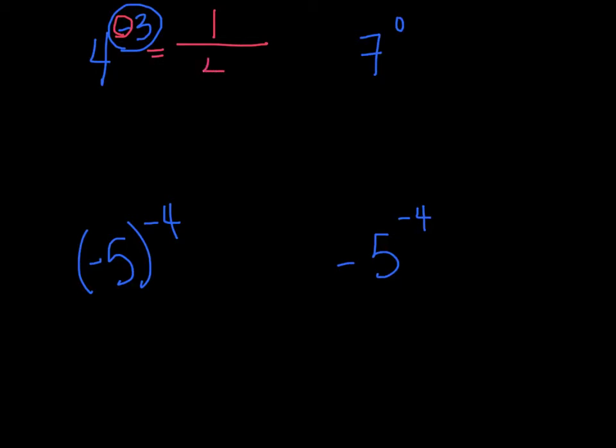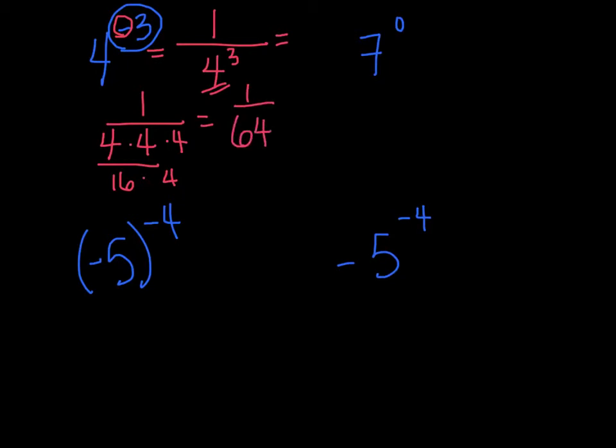So I can rewrite this as 1 over 4 to the positive 3rd power. Now, is this completely simplified? No, because I have a number here. It's not a variable, so I can actually multiply this out. I now have 1 over 4 times 4 times 4, which essentially equals 4 times 4 is 16, and then if I were to multiply it by 4 again, we've got 64, so 1 over 64 is the answer to that particular problem.